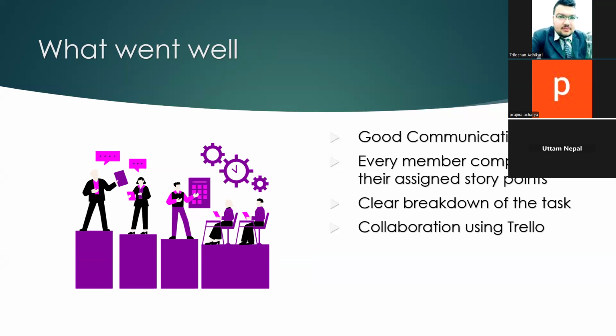Each team member was responsible for completing their assigned story points. We broke tasks into smaller steps and collaborated when needed. Another is collaboration using Trello. We used Trello to organize tasks and track progress. Each member had clear tasks assigned to them. Let me move to another topic.